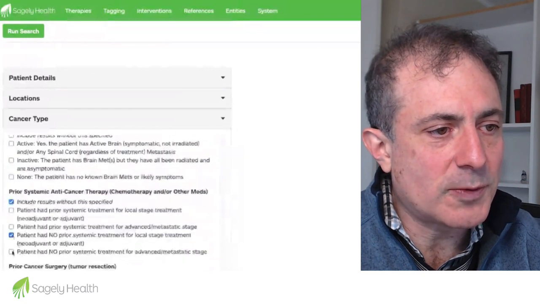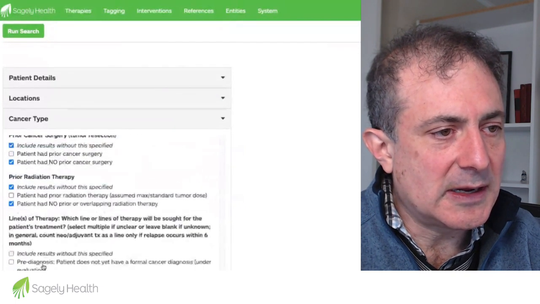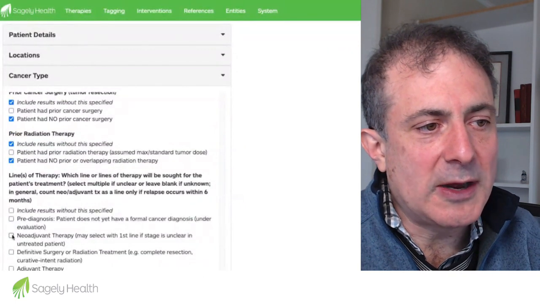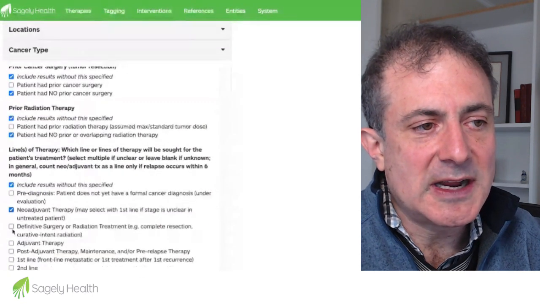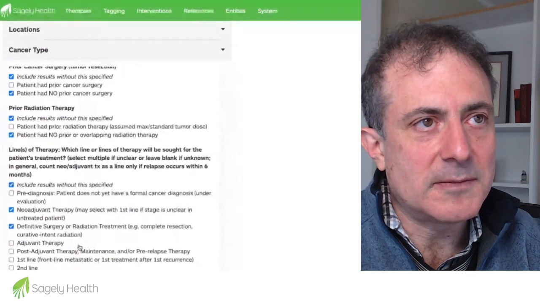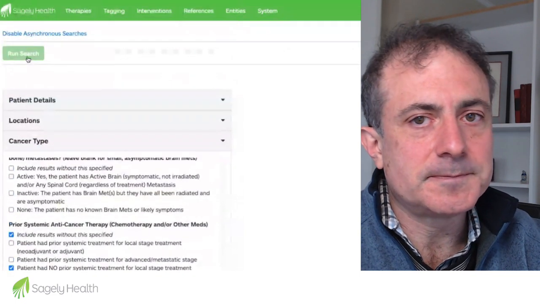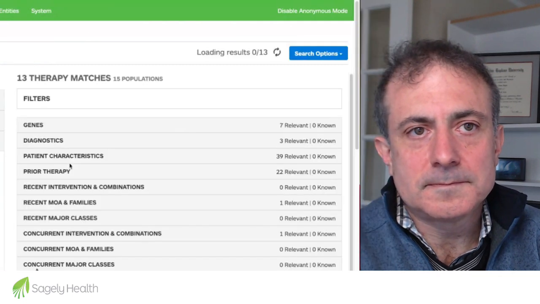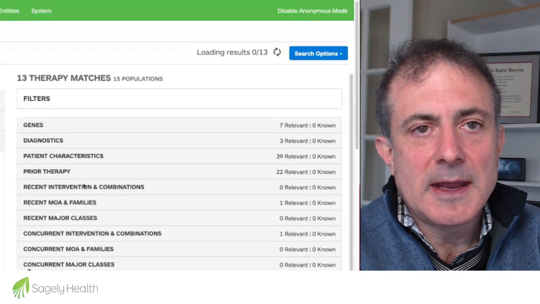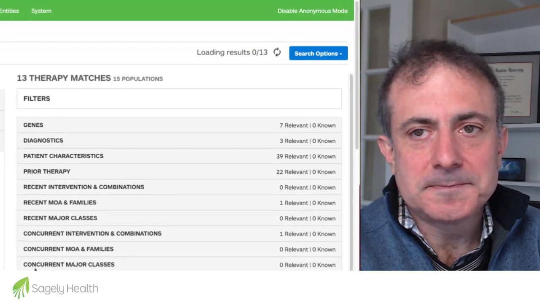The patient had no prior treatment, and so here I would say likely we're looking for something like neoadjuvant as well as definitive treatment. And so we can do our search based on this. And we get 13 therapy matches.